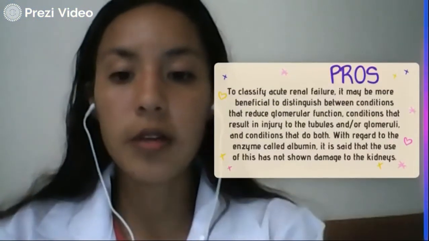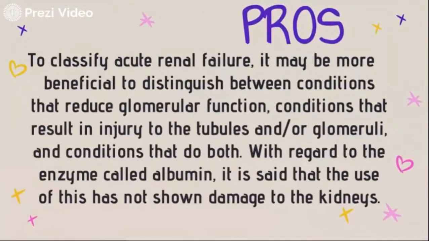Now we have the pros. To classify acute renal failure, it may be more beneficial to distinguish between conditions that reduce glomerular function, conditions that result in injury to the tubules and or glomeruli, and conditions that do both.